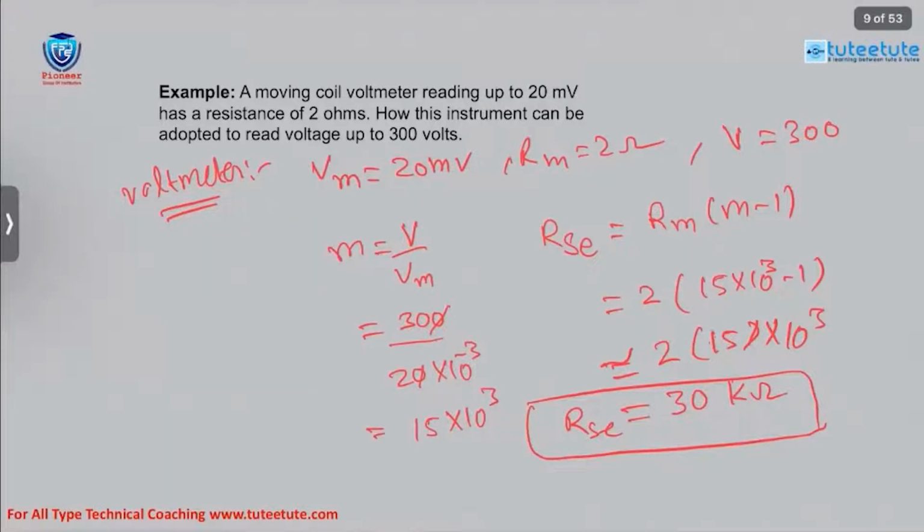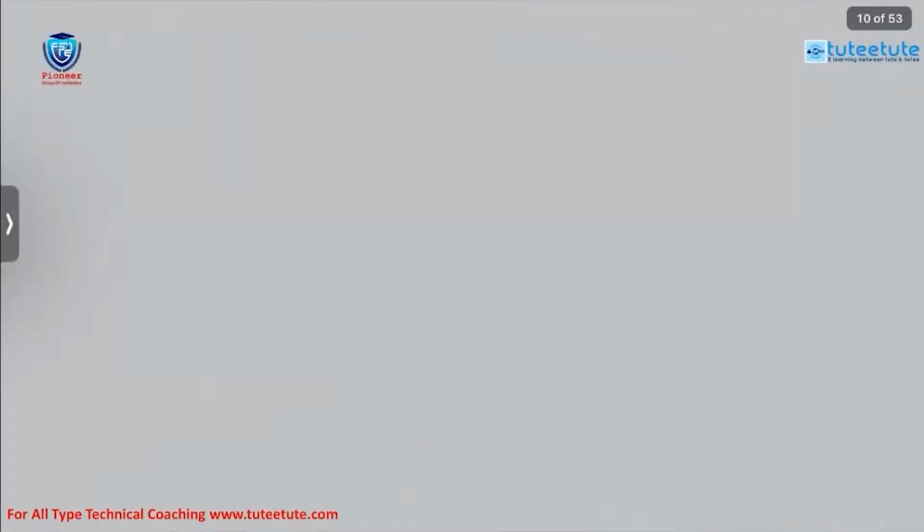We need to take it as Vm or Im. Wherever higher values are there, like 100 amperes or 300 volts, that is the measuring value. We are going to measure that value. That is V or I, you need to take like that. So if you are able to substitute the given values in the given formula, you will get the answer very easily. Okay, any doubt in this?